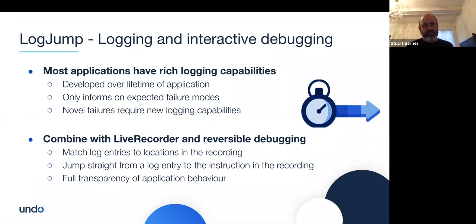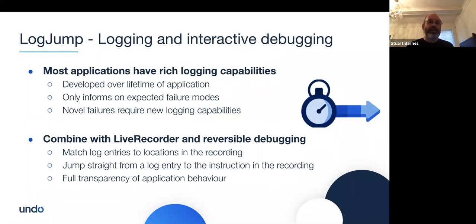The issue then is, if you can find in your log where things are beginning to go wrong, even if the logging doesn't explicitly say what's happening, you have a way of kickstarting your debug investigation much more efficiently, because you can take the line in the log in which the problem occurred, and you can then jump directly in the recording file to the point where that log was generated.